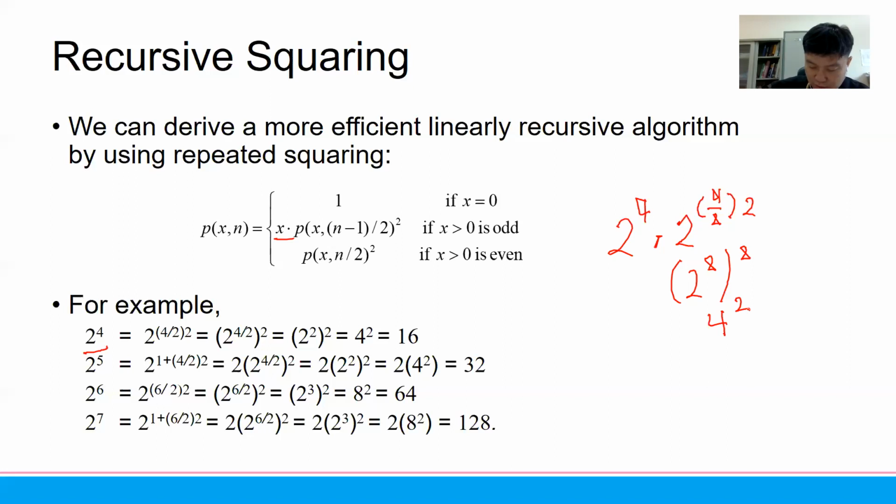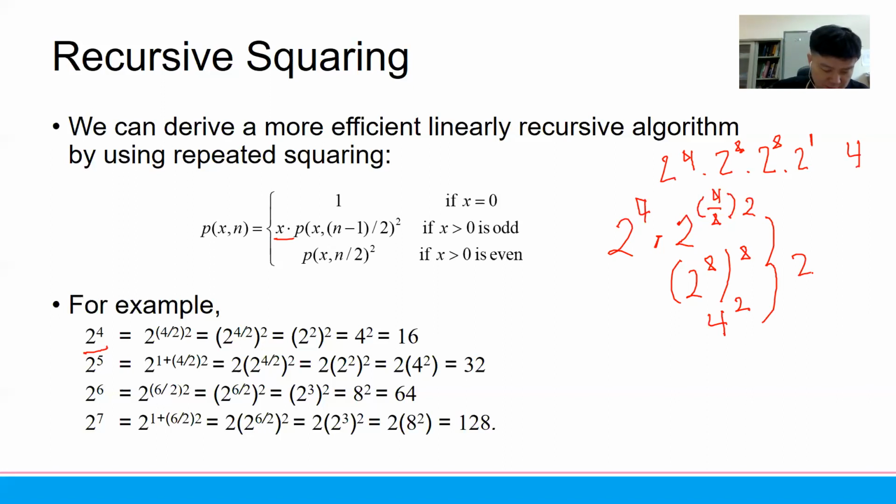You don't need 2 to the power of 4, then 3, then 2, then 1, which takes n times. If you do it like this, it is almost half: in this case 4 operations, and in this case only 2 operations.